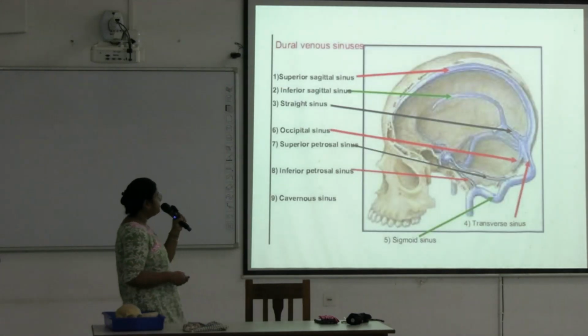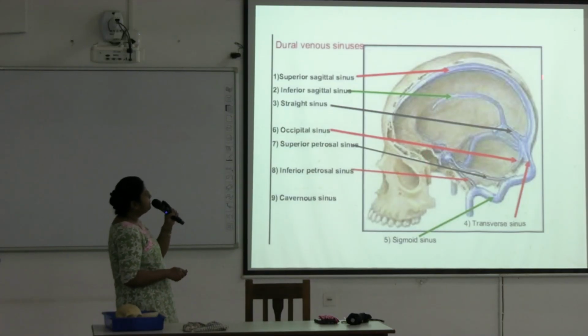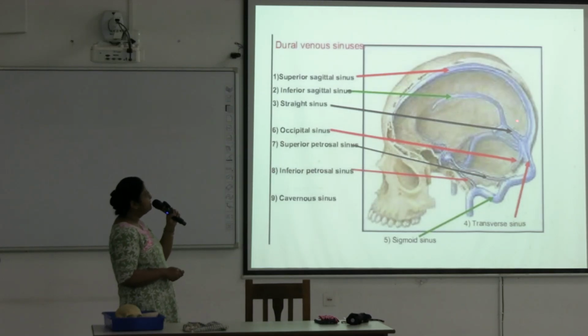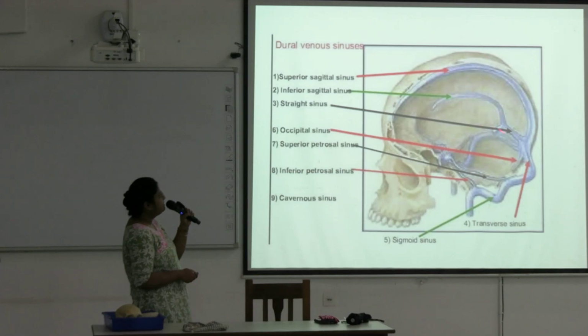Next, see here. This is along the upper margin of the falx cerebri. This sinus is the superior sagittal sinus. Along the lower margin of the falx cerebri, here is the inferior sagittal sinus. Inferior sagittal sinus joins with the great cerebral vein of Galen and forms this straight sinus.